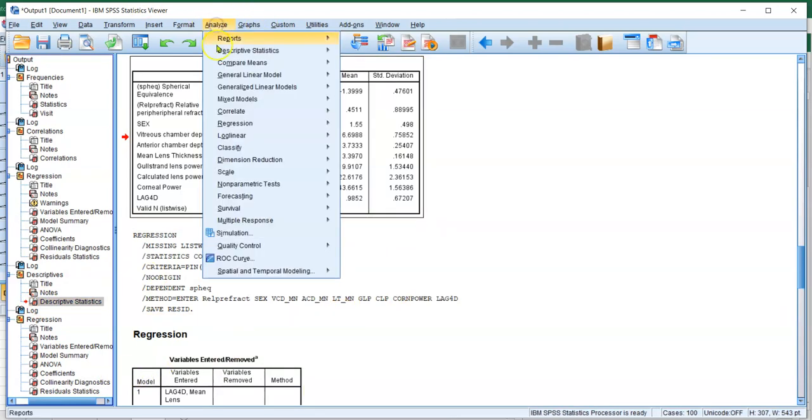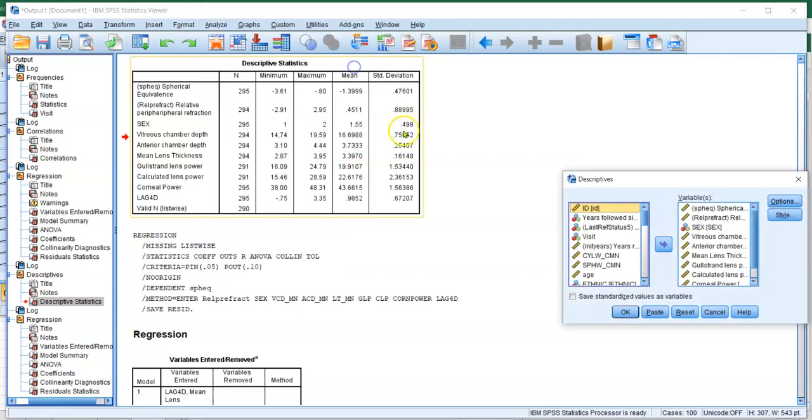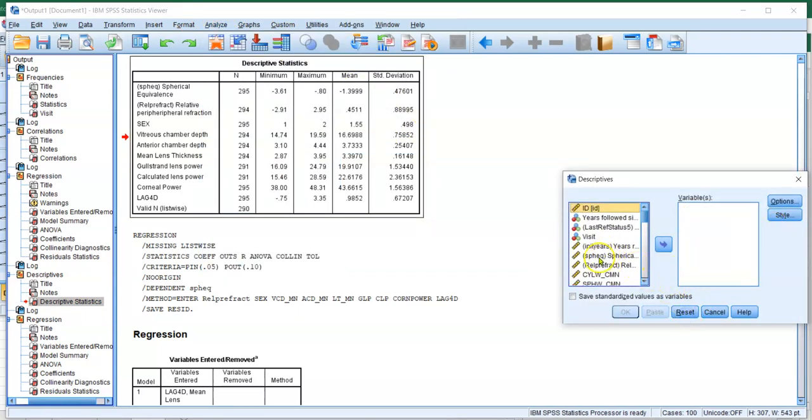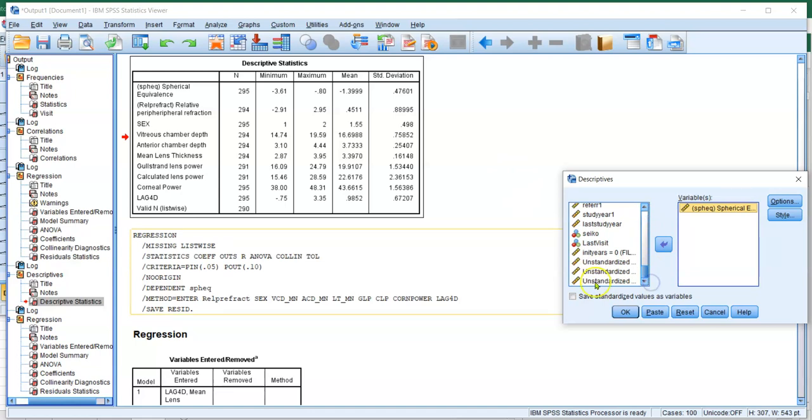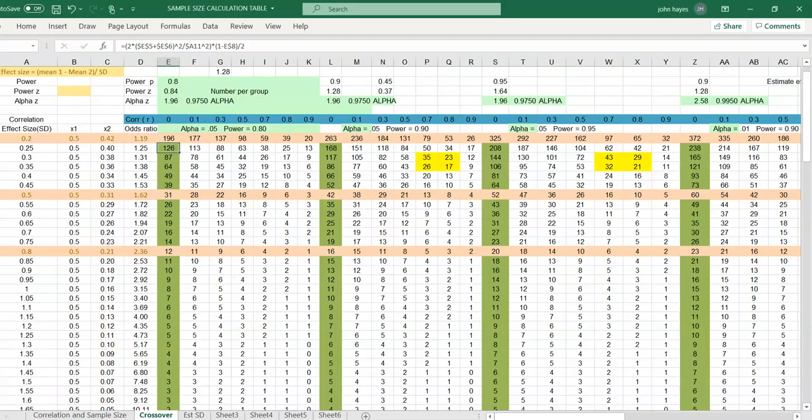Let's see. Analyze, descriptive, reset. We want to look at spherical equivalents. We want to look at our variance, which is the last column, unstandardized residuals. If we look at our data here, that's not what we want.